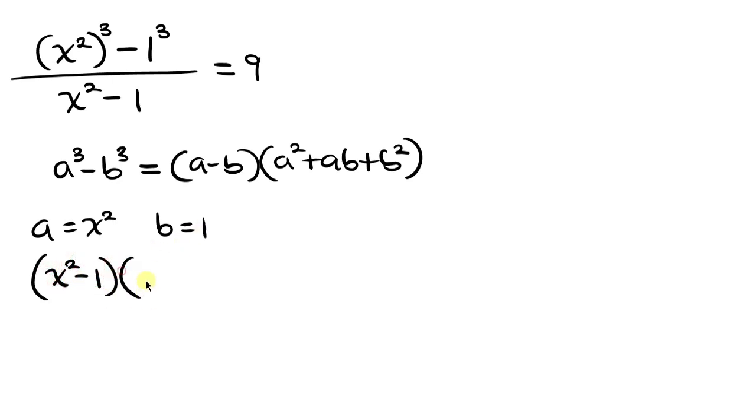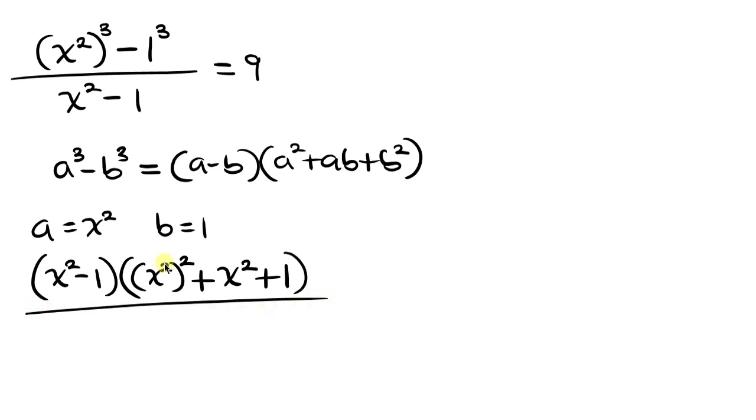times a squared. a is x squared, so I'm going to be squaring this since x squared is representing our a, plus ab, so plus a times b, which is x squared times 1, which gives back x squared, plus b squared, that's 1 squared, which is 1, all over the denominator, we have x squared minus 1, and this is equal to 9.